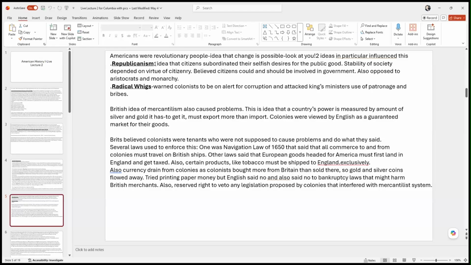In other words, the citizens had a responsibility, according to this idea, to be involved in the governing of their nation, to get involved in public service, get involved in government. Think like John F. Kennedy, his famous quote, "Ask not what your country can do for you, but what you can do for your country," that kind of thing. That's kind of the general idea. And that as a citizen, you needed to subordinate your own interests for the good of the country.